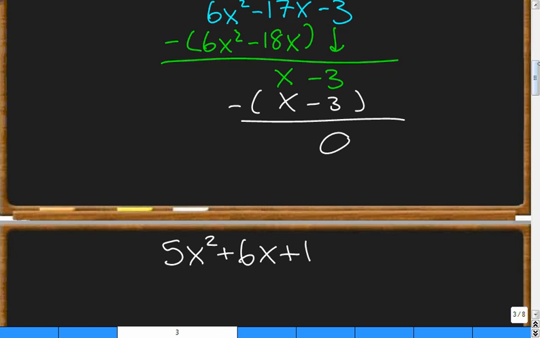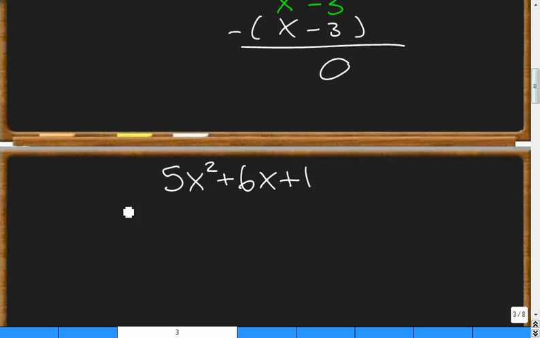So now we are going to try to factor this. First step when we factor is we set up our brackets. We're then going to say, okay, two numbers together that make 5x squared. We can disregard those negatives from earlier, but the only way to multiply to get 5 is 5 and 1.